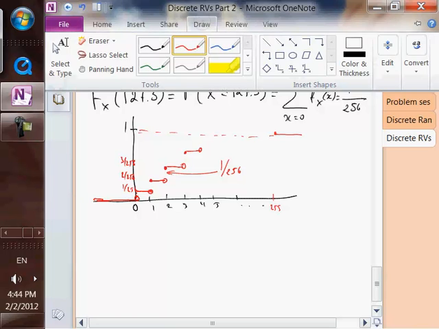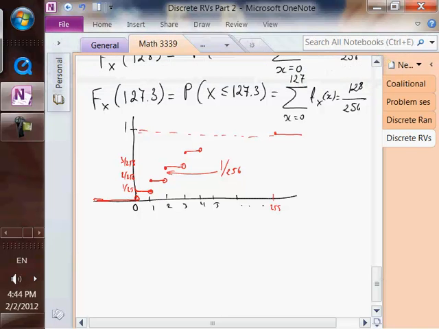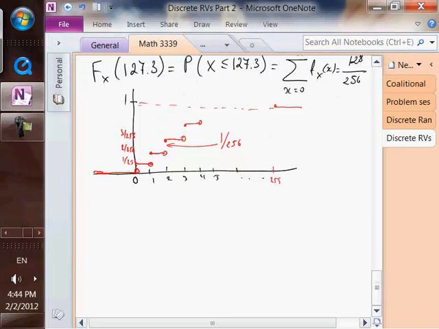Now, associated to the distribution function, there are a few other things that we need to mention. The median and the quartiles. Later on, when we do continuous random variables, we will introduce the quantiles as well. So the median of a random variable, discrete or continuous, the definition is the same.